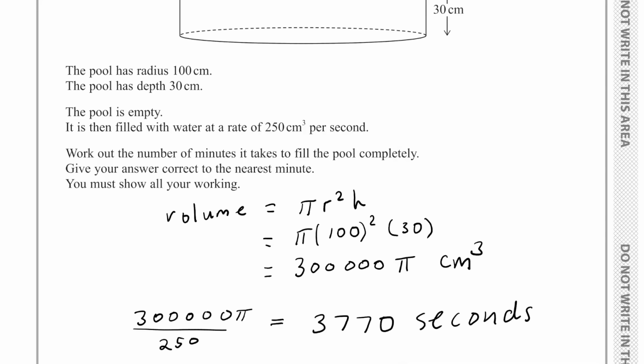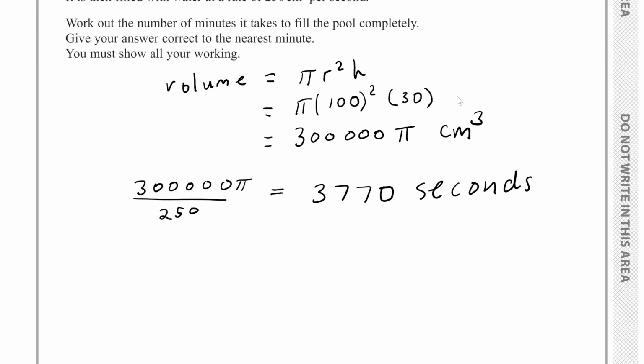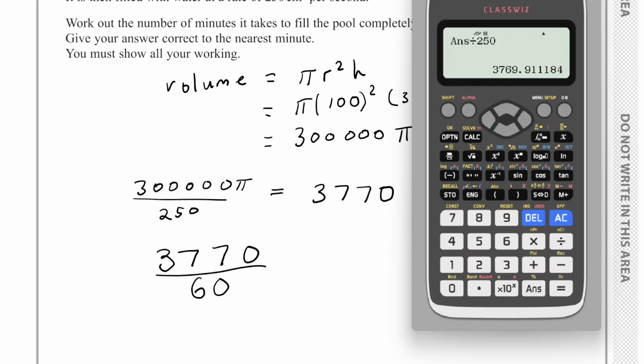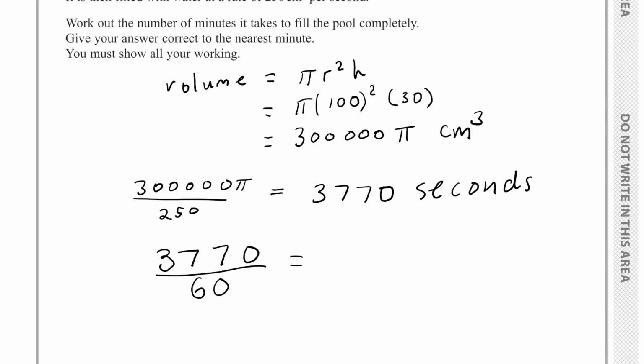But we need to know how many minutes to the nearest minute. So change seconds into minutes. Every minute is 60 seconds. So divide by 60, 20 pi or 63 minutes to the nearest minute.